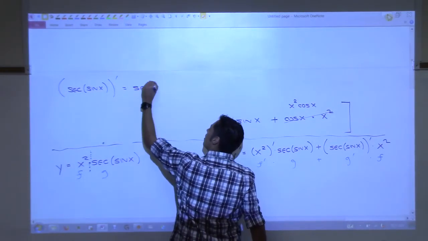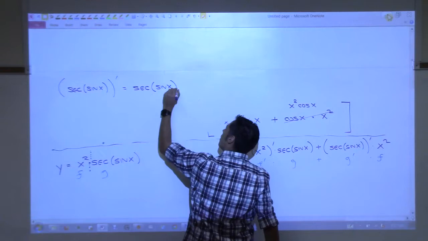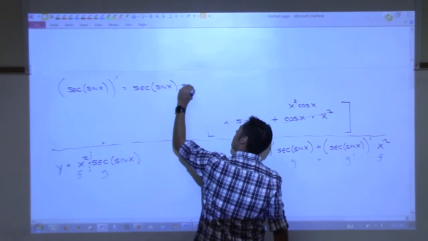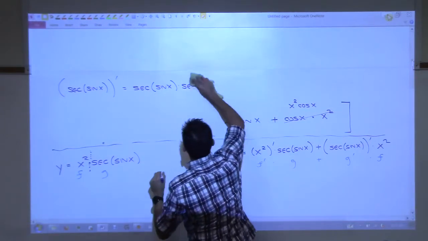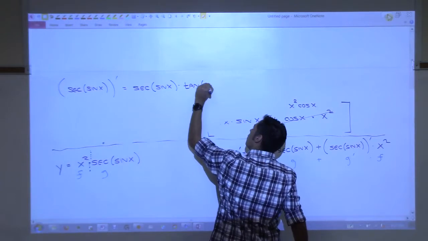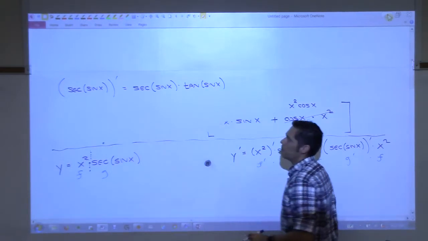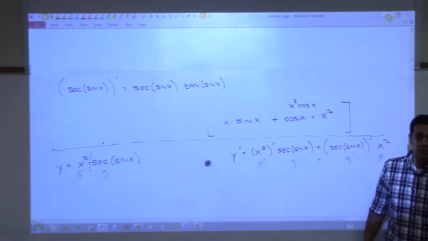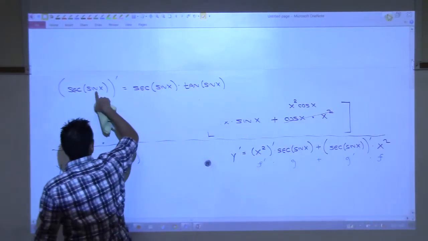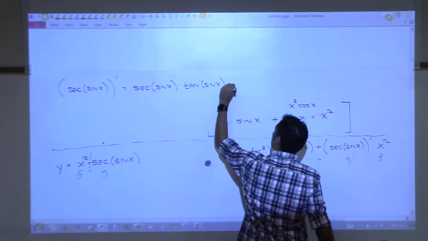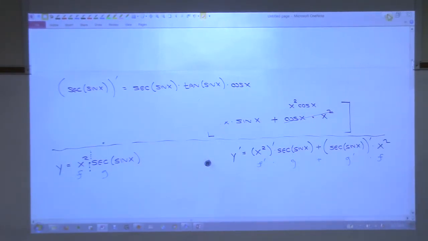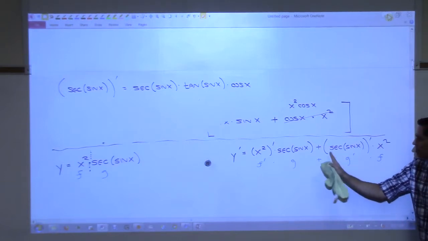Secant of sine x, and then times, right? So times secant of, tangent of sine x. Am I done? No. No. Now I need to take derivative of what's in here, which is just cosine x. That is just this piece, right? That's just that right there.